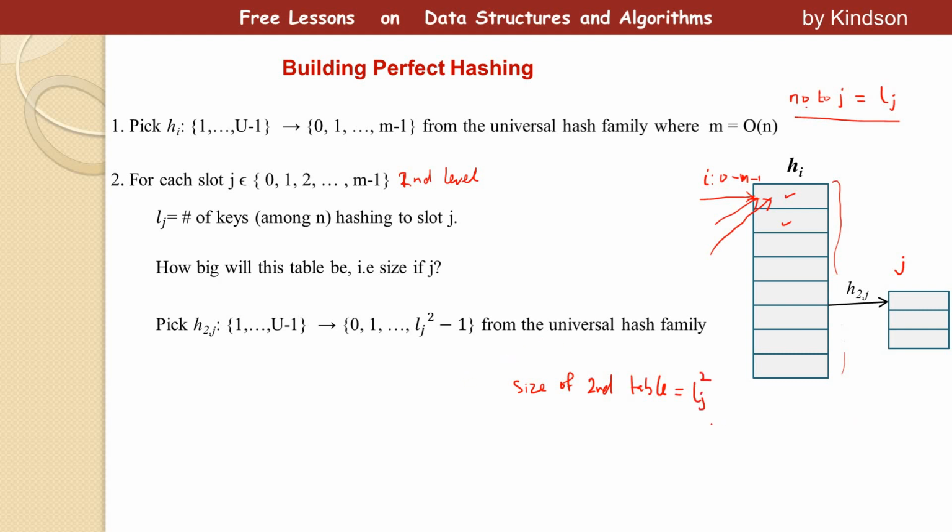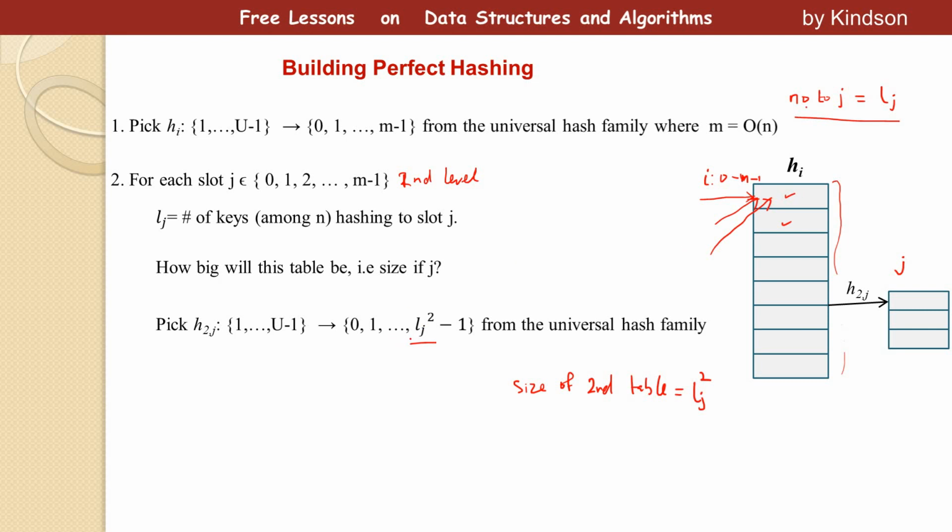How it came out to be lj squared, I'm not going to prove that at this point, but take note that in building a perfect hashing, the size of the second table will be lj squared, and lj will be the number of keys hashing into one slot.